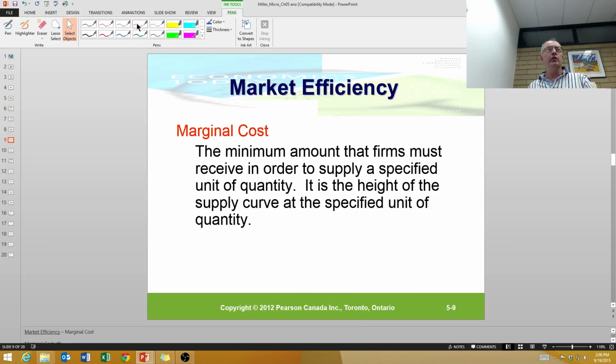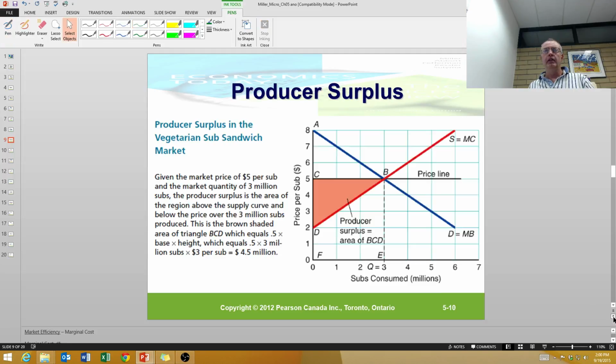Okay, so the marginal cost is the amount that a company has to receive in order to produce one more unit of product. Let's just illustrate this. If the producer is going to supply 1 unit of product, the vendor says, hey, I've got to receive at least $3.